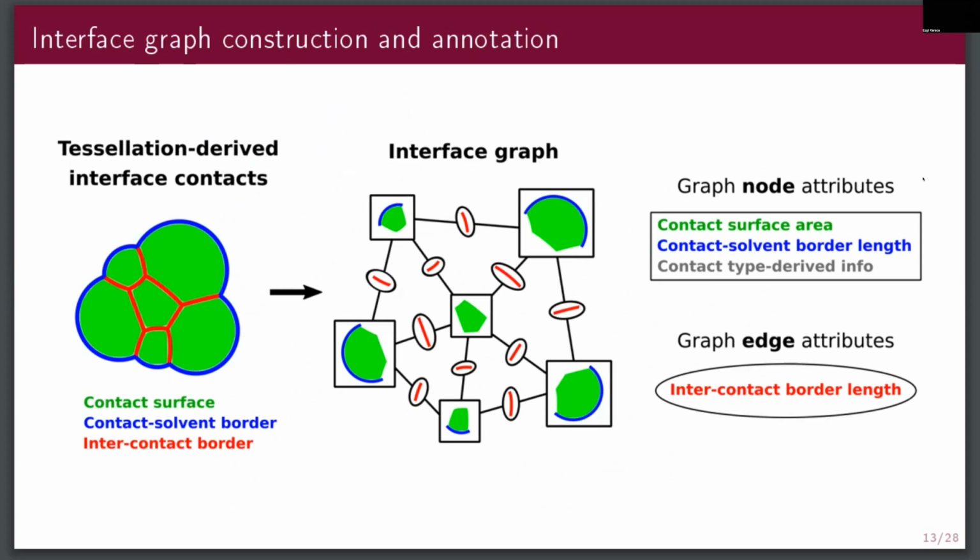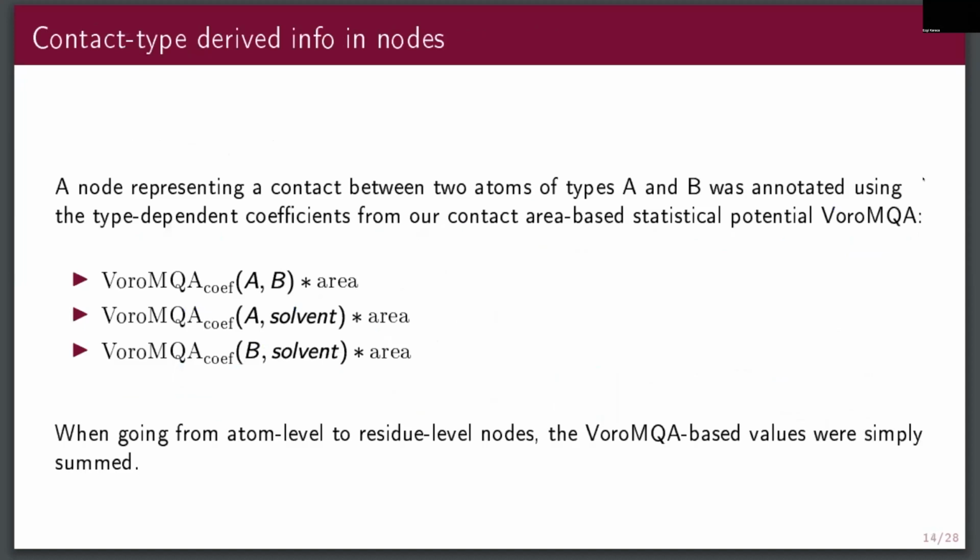And the attributes are contact surface area and contact solvent border, these blue lines, for the nodes, and intercontact border lengths, basically those red lines, for the edges. And the nice thing about these geometric features is that we can just simply sum them when we go from inter-atom contact graph to inter-residue contact graph.